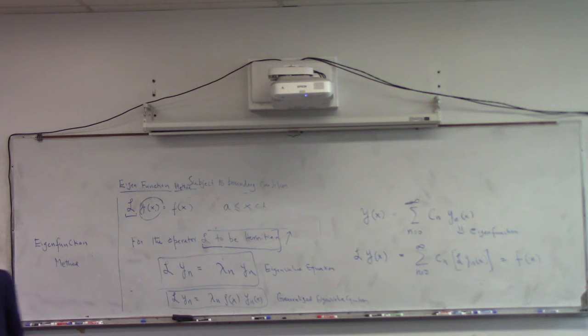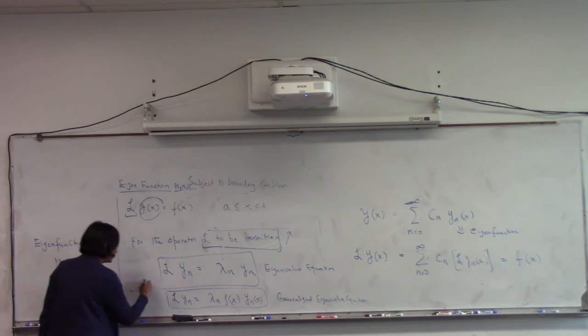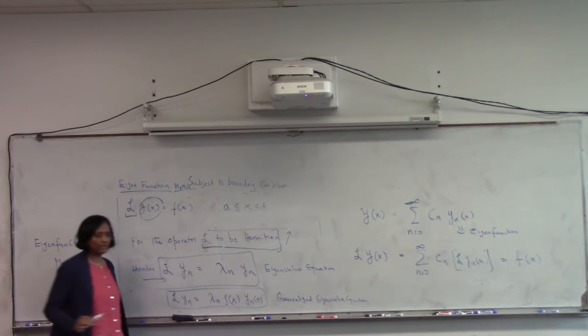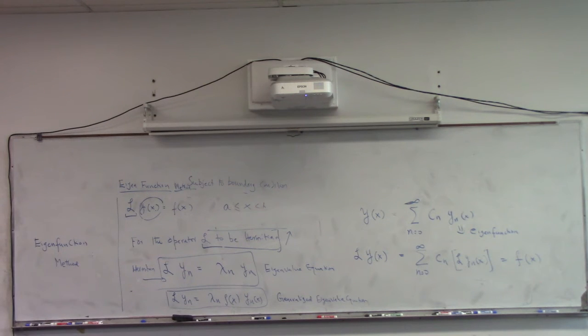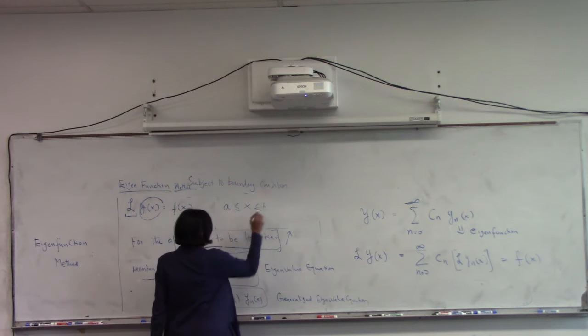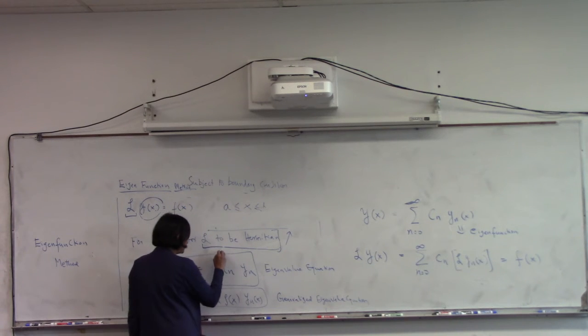All right. If L is Hermitian, and the important thing is that this is Hermitian, what do you know about eigenvalues and eigenvectors for a Hermitian operator? Eigenvalues are real. That's one of the properties.